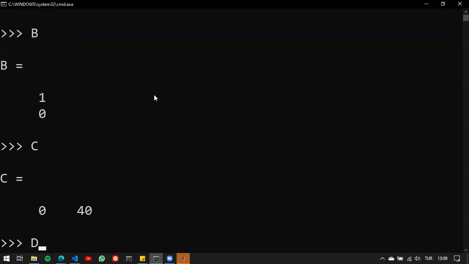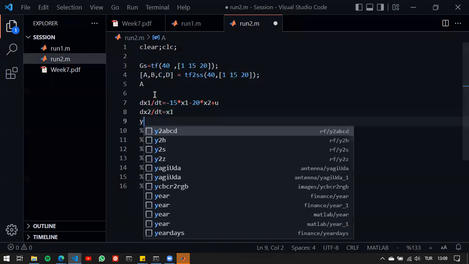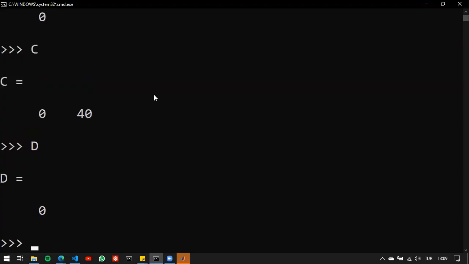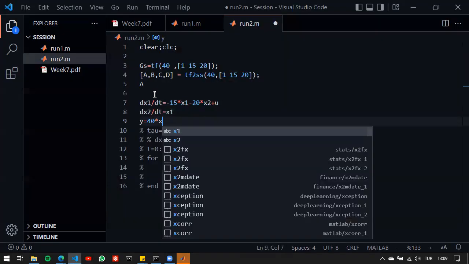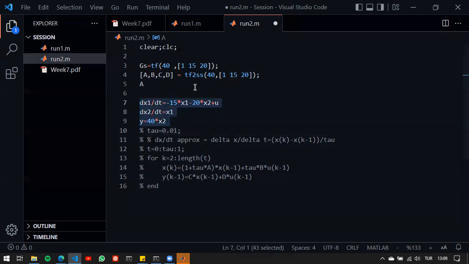And let's see what C is and D is. So basically, Y is equal to 40 times X2. So this is basically the same model, but the expressions are in state space representation. And you can think of this as follows. Since this is a transfer function and it is in the Laplace domain, what you can do is you can just acquire the corresponding differential equation here. It will be a second-order differential equation, since this is a second-order transfer function.